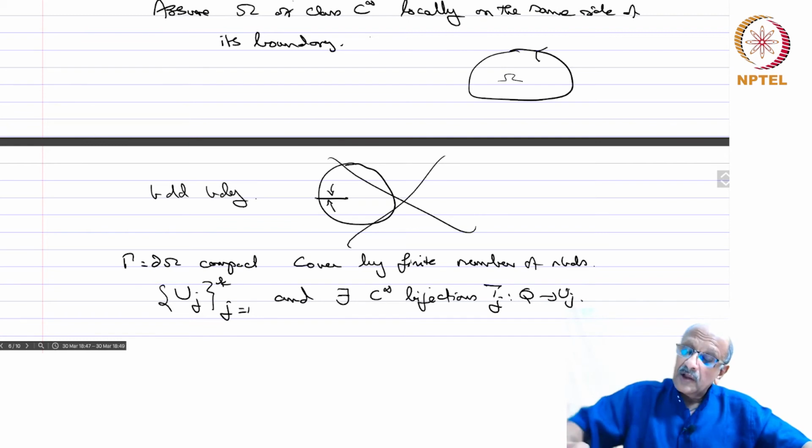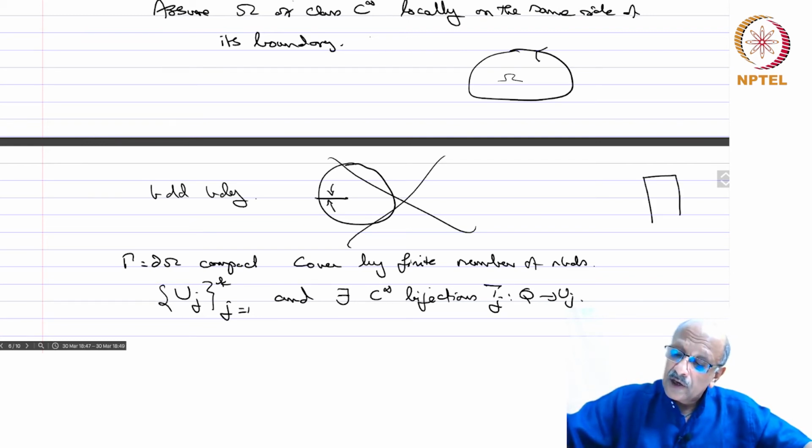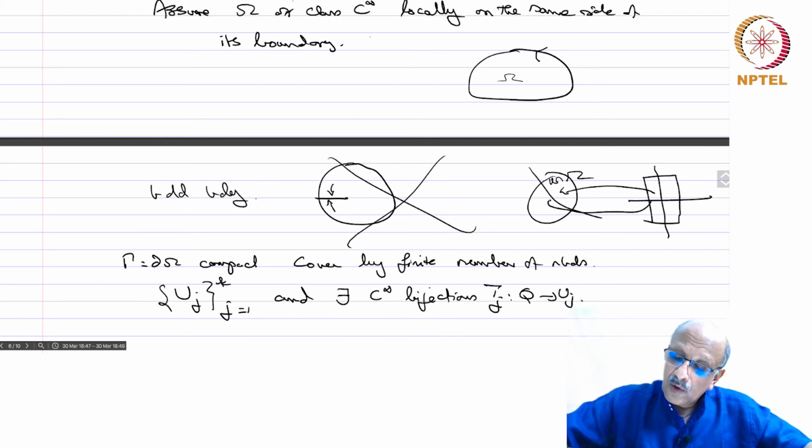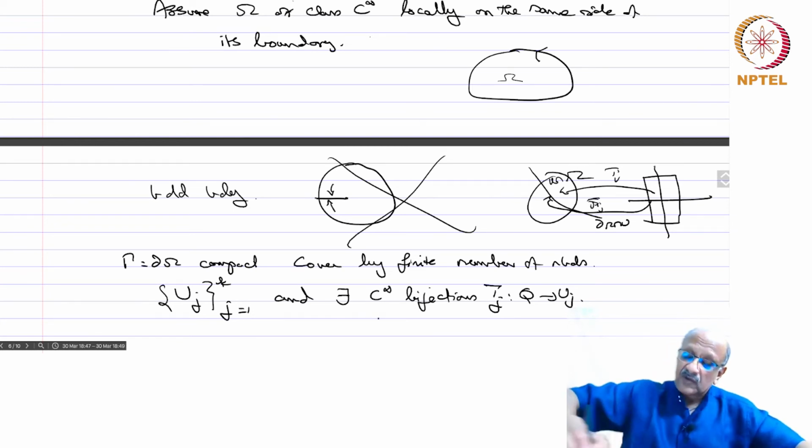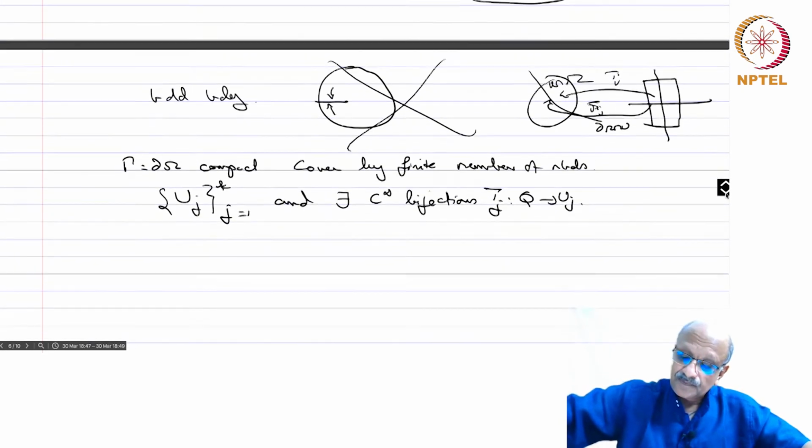If you recall, you had Q here, and then you had the boundary. For every neighborhood U, Q plus will be mapped to U intersection Omega, and Q0 will be mapped to the boundary of Omega intersection U. All these Tj and Tj inverse are C infinity maps.